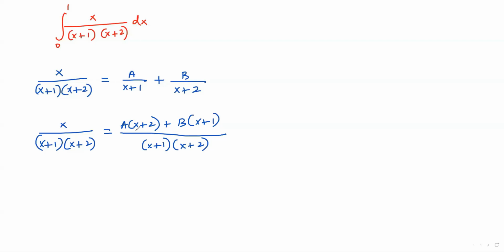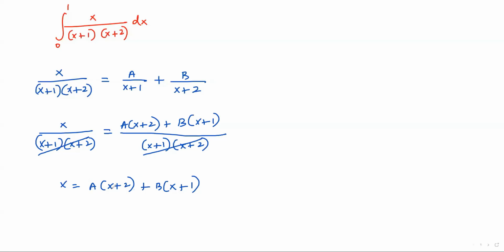On the left side and the right side, we have the same denominator, (x + 1)(x + 2), so we can cancel it out. So I get x = A(x + 2) + B(x + 1). I've already told you that my aim is to get the values of these two unknown constants A and B. To get the value of B, I plug in a value for x so that A will vanish.